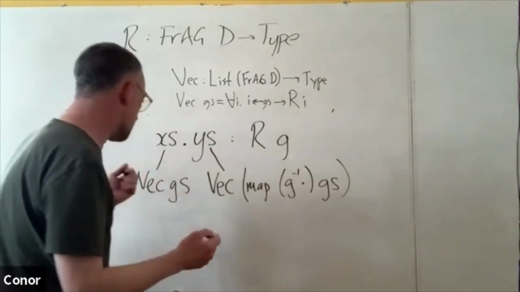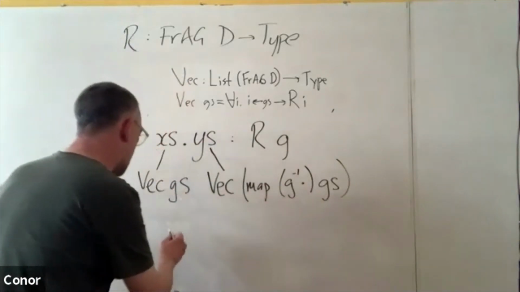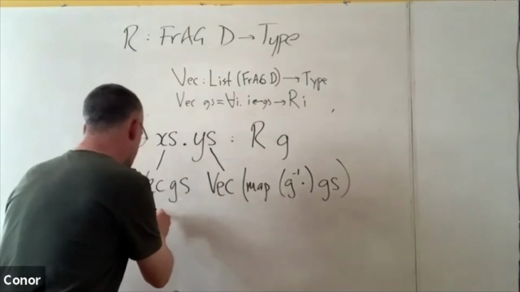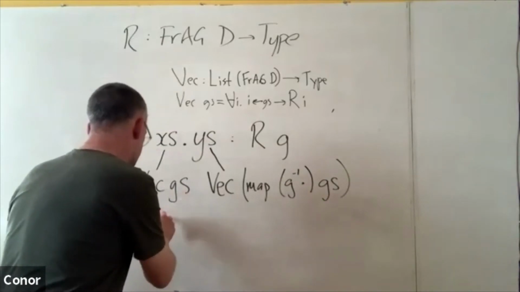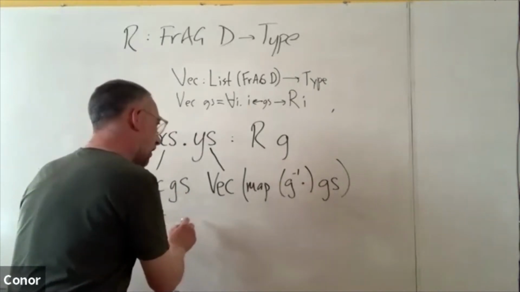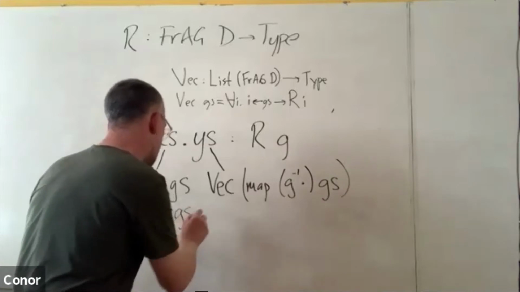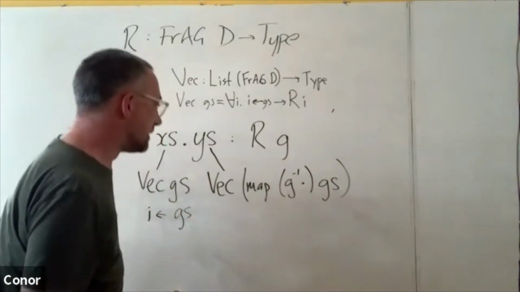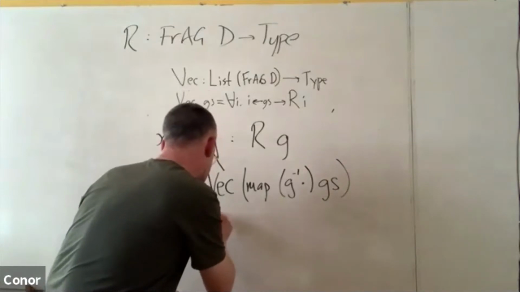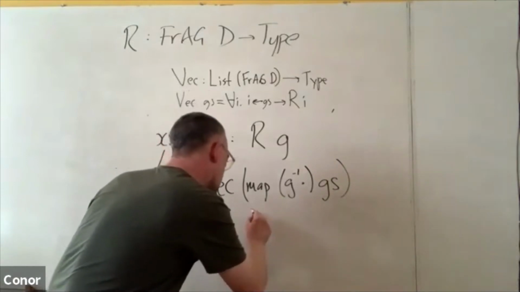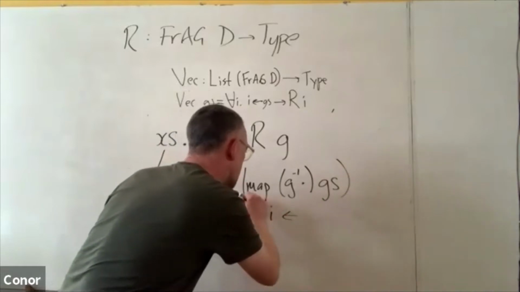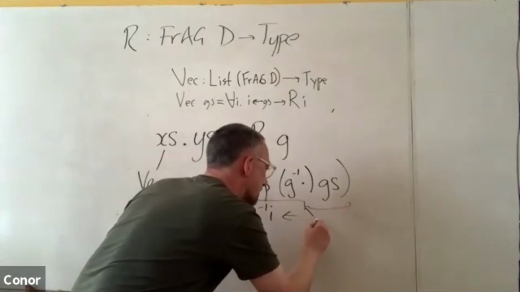So in particular, what happens if I pick out some I from G's, then I know that I'm also picking out a G inverse I from that thing.